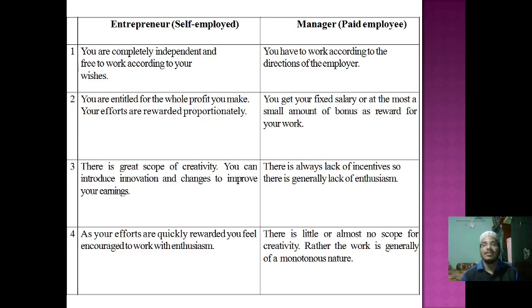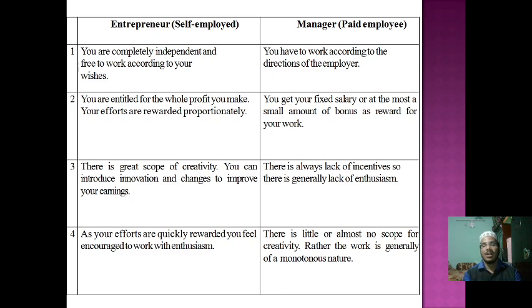If your efforts are quickly rewarded, you feel encouraged to work with enthusiasm. If I am the owner of my organization, I can give my effort quickly and feel encouraged, and I can do the work with enthusiasm.